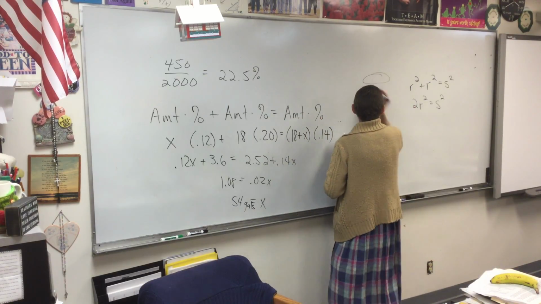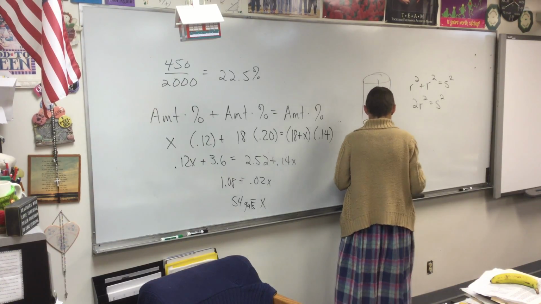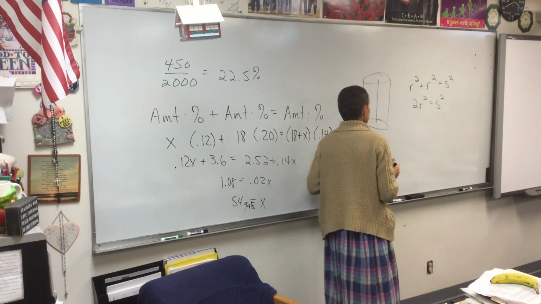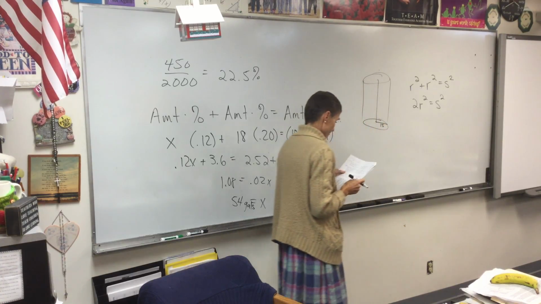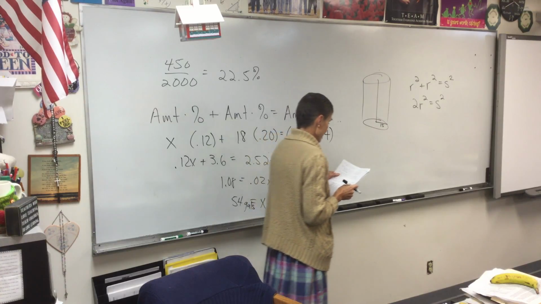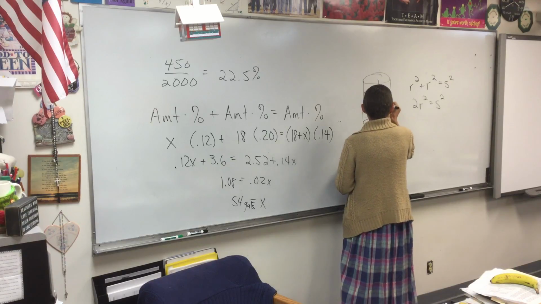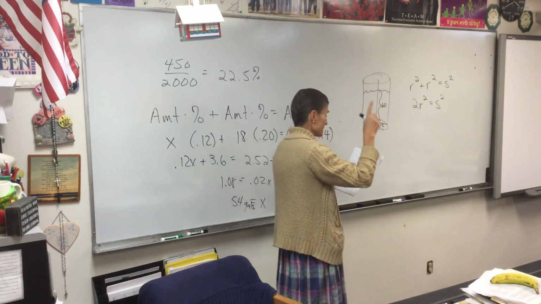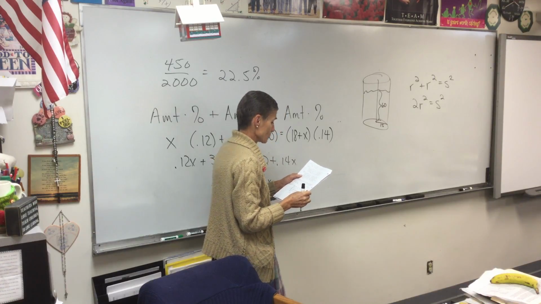All right, so here's our cylinder. It has a diameter of 30, which means its radius is 15. And the gasoline, the depth of it is 60 feet. The gasoline begins draining.